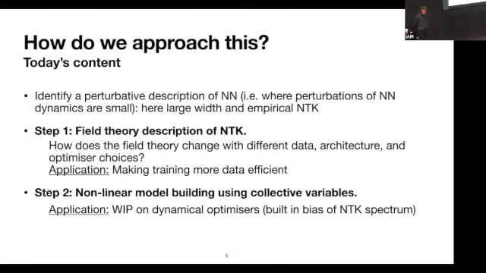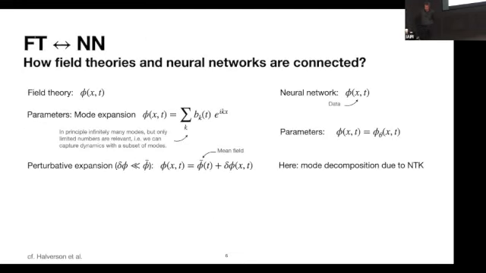I will talk about one application that already emerges out of this, namely making our training much more data efficient. And then once you have this nonlinear framework, you can start thinking about doing model building using these collective variables, and I'm excited to talk a little bit about how we can use them to build dynamical optimizers, building in this bias of the neural tangent kernel spectrum.